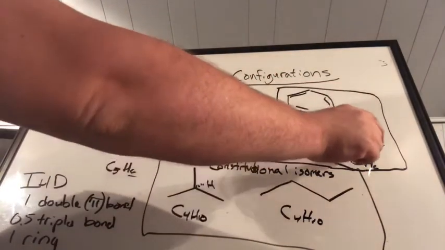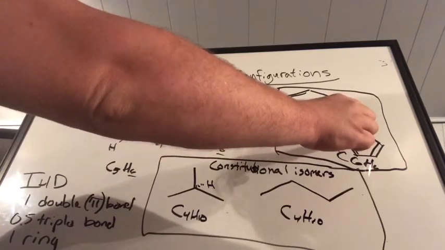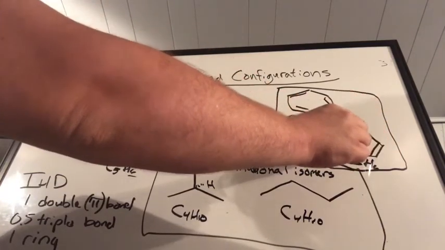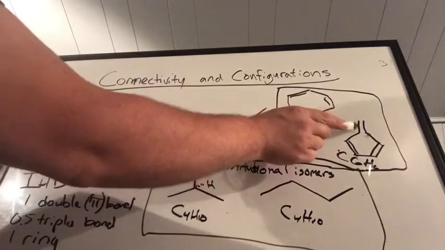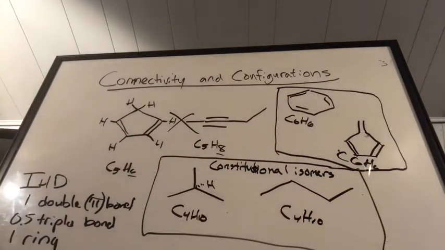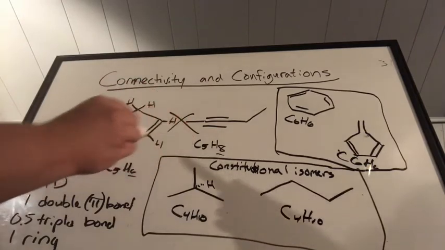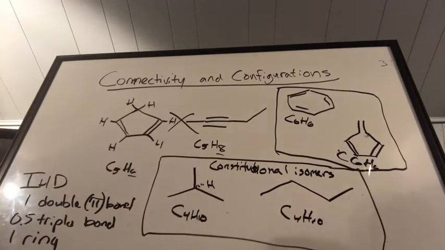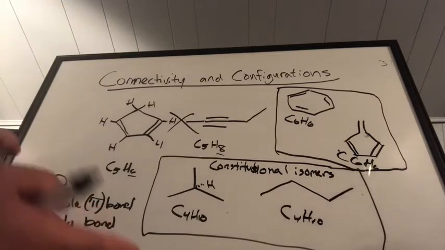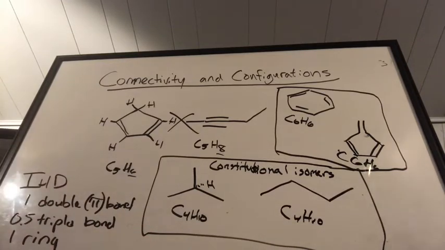And then on this particular structure, you have 1 for the ring, 2, 3, 4. So that's a total of 4 as well. Again, if the molecular formulae are in agreement with one another, then by default they're going to have the same hydrogen deficiency. There's just going to be, again, a difference in connectivity.